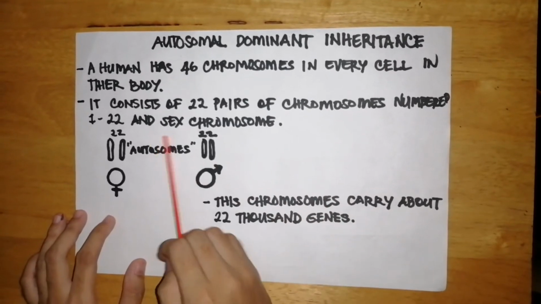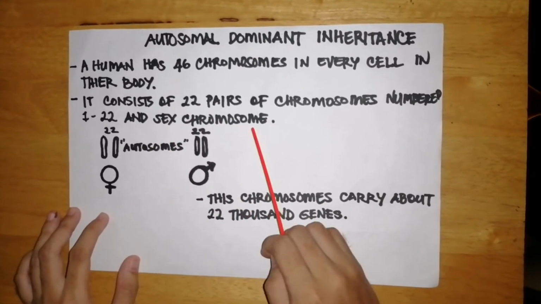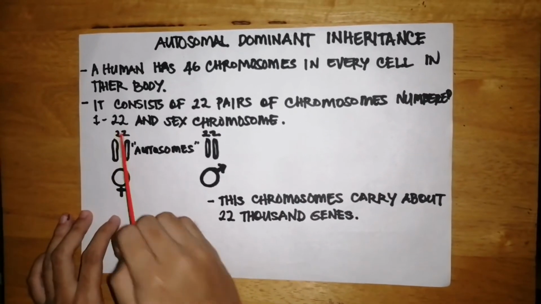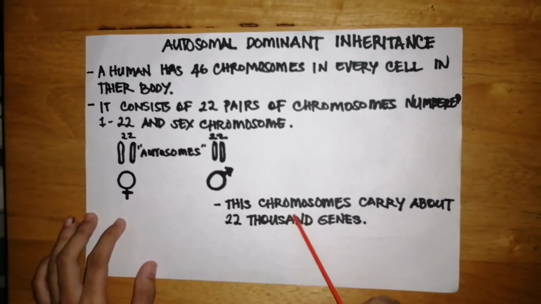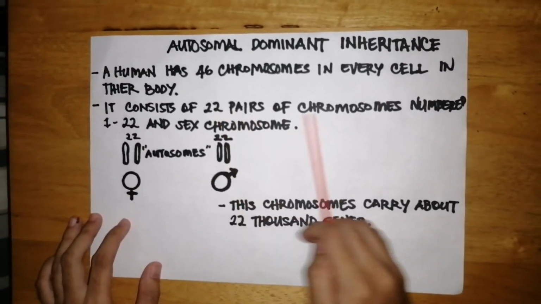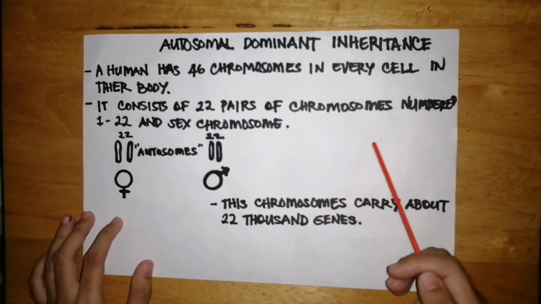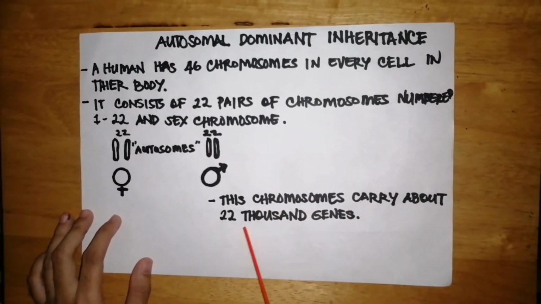The 23rd or last pair of chromosomes is the sex chromosomes. These chromosomes 1 to 22 are called autosomes. These 22 pairs of chromosomes are the same in males and females. These chromosomes carry about 22,000 genes.